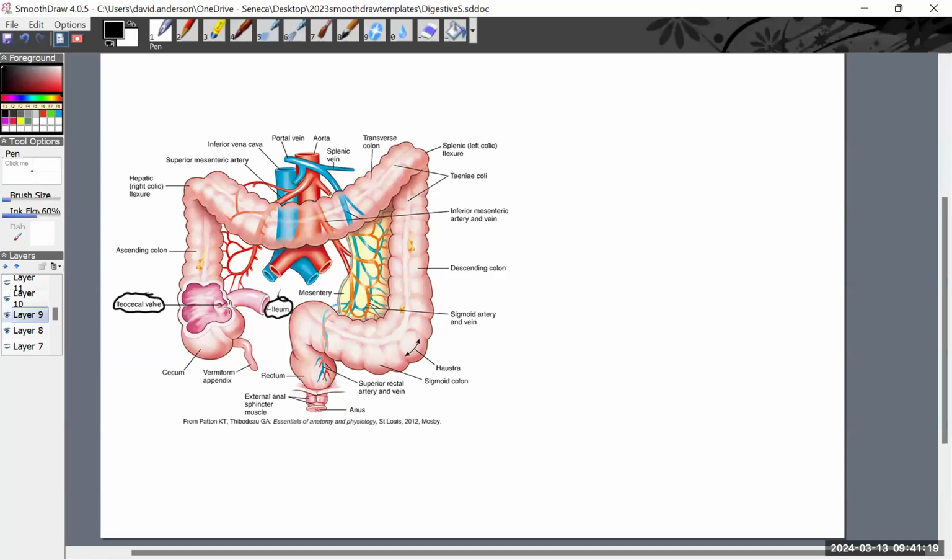And if it ruptures, it allows those bacteria that caused the inflammation in the first place to escape, and that can become life-threatening. So when it gets inflamed and causes symptoms, it's often removed.